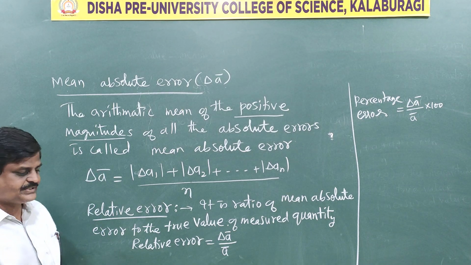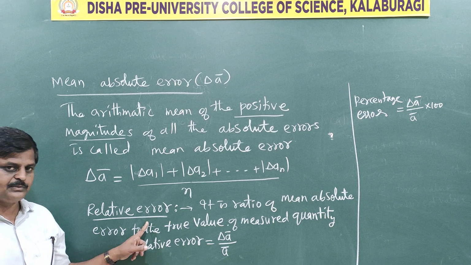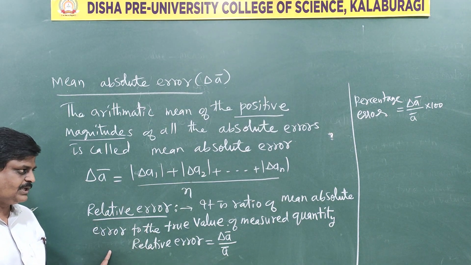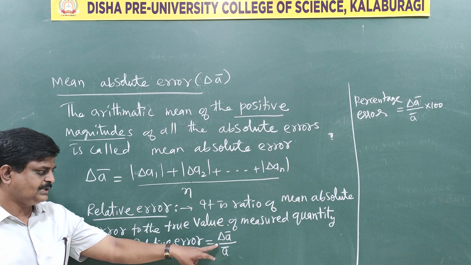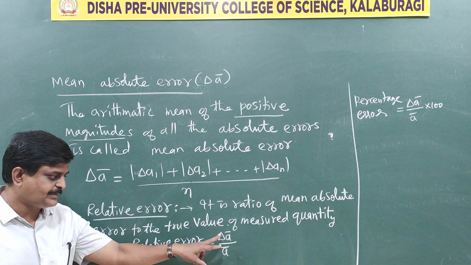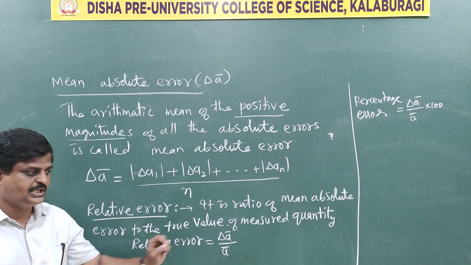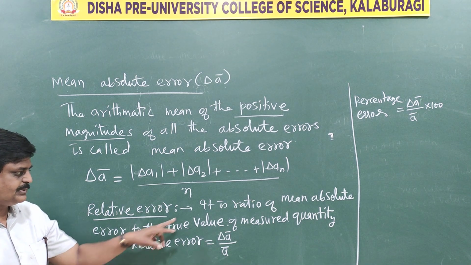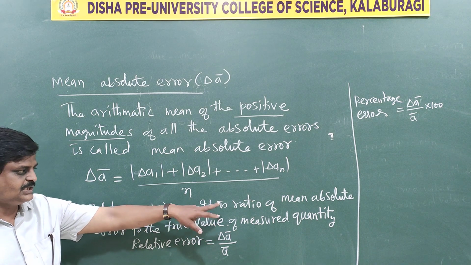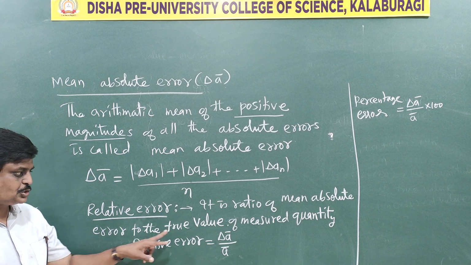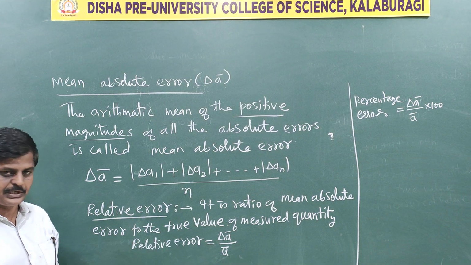After this we move on to the relative error. What is the relative error? It is a ratio: the ratio of the mean absolute error to the true value, which is sometimes called the mean value. So the definition: it is the ratio of mean absolute error to the true value of a measured quantity.